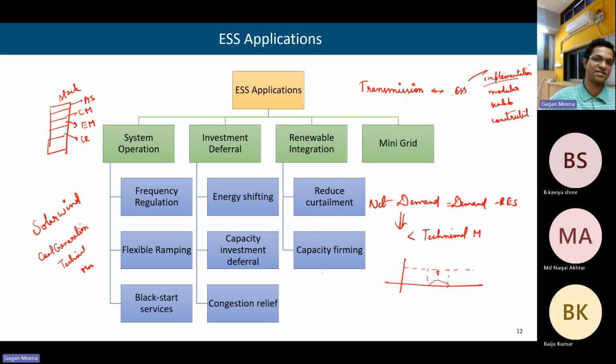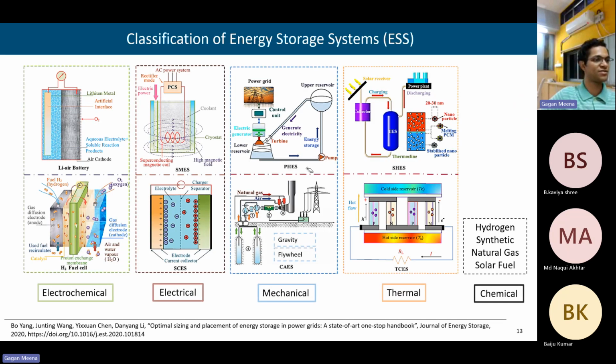Yeah, that is the application you have seen. These are different types of energy storage. We have electrochemical. All battery energy storage systems fall into this category: lithium ion, sodium sulfur. I'm talking about grid scale batteries.